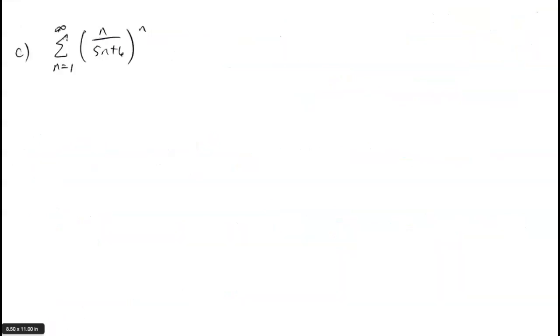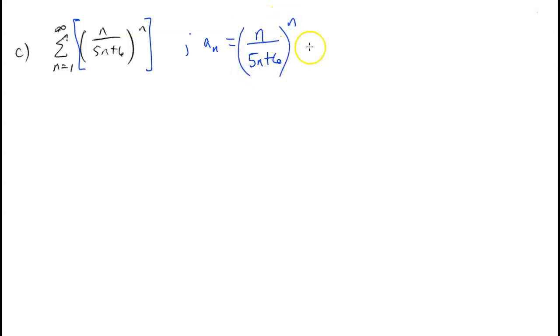Okay. All right, so for our next example here, and I'm going to make sure that this is clear because all of this is inside the summation operator. So we have this series where the corresponding sequence for it is n divided by 5n plus 6, all that raised to the n. Okay, so in this sense, of course, our a sub n again will just be n divided by 5n plus 6, all that raised to the n.